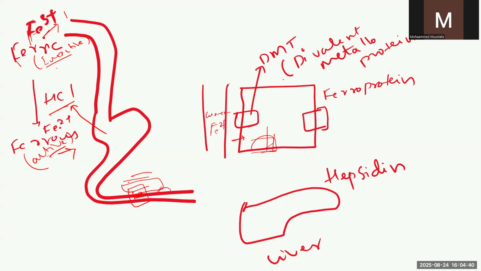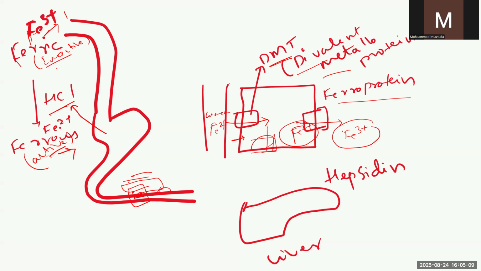The first receptor is DMT, the divalent metal transporter, which helps iron get absorbed. Later, there is another protein called ferroportin, which converts Fe2+ to Fe3+. Fe2+ should be active only in the tissues, not anywhere in the extracellular matrix.